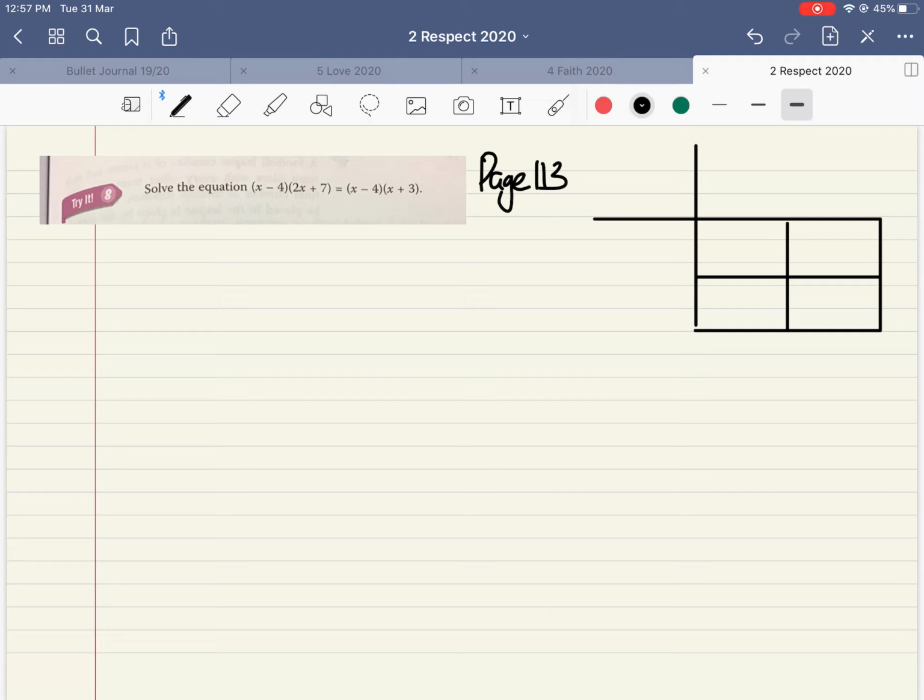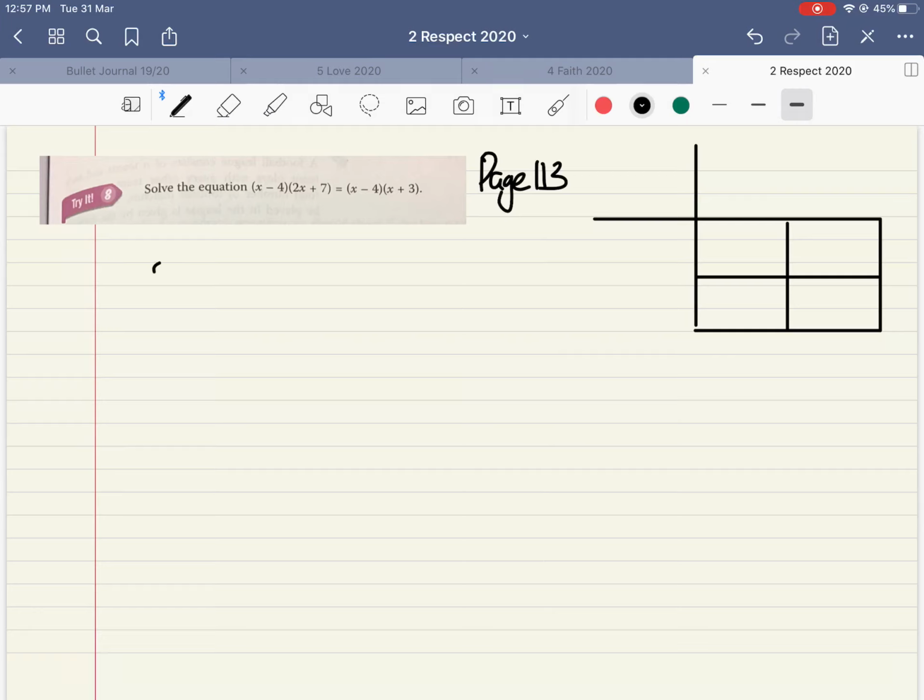So the very first thing we do, once again, is to attempt to get the right-hand side to be equal to 0. But before we do that, we will need to expand and simplify the terms on the left-hand side and the right-hand side. So without much further ado, I'm going to expand the left-hand side and then the right-hand side.